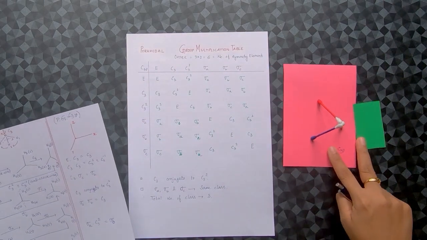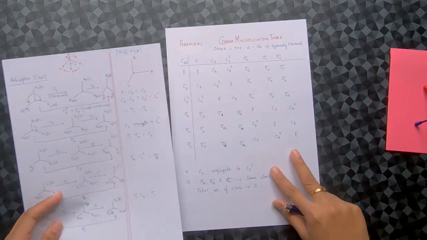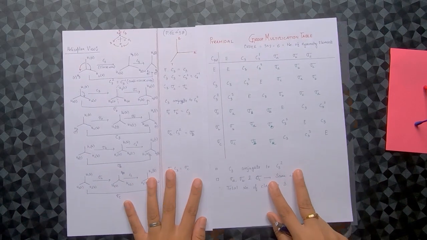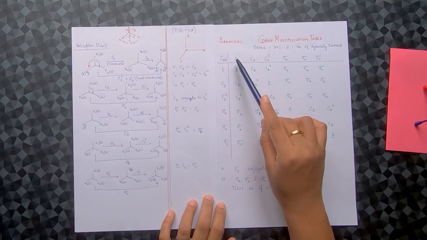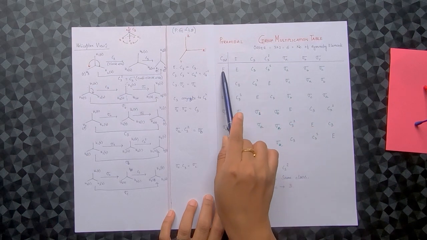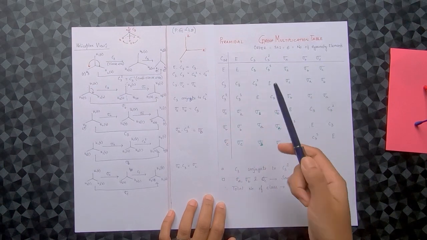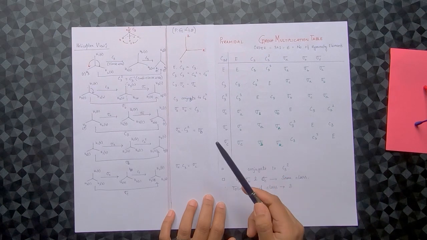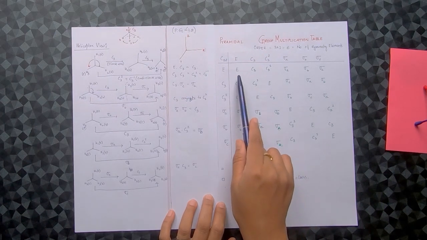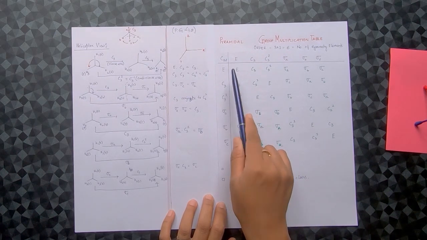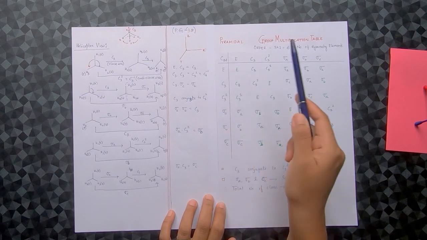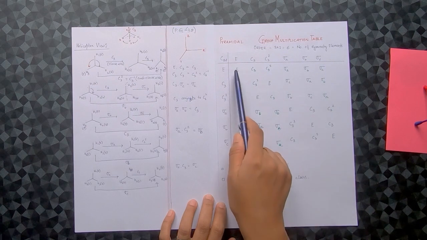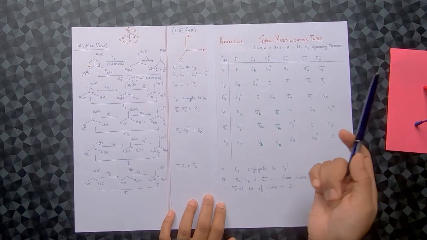We will discuss this with respect to the operations. For formation of a GMT, we multiply E into E. When E is multiplied with anything, it remains unchanged, which is one of the laws of group theory, the identity law. According to the identity law, when the identity element is combined with any other element, those elements remain unchanged.